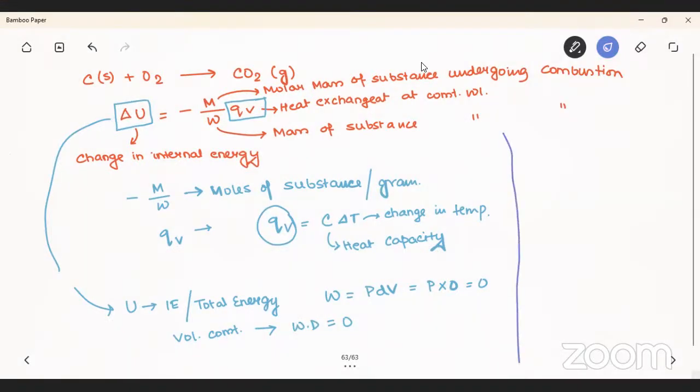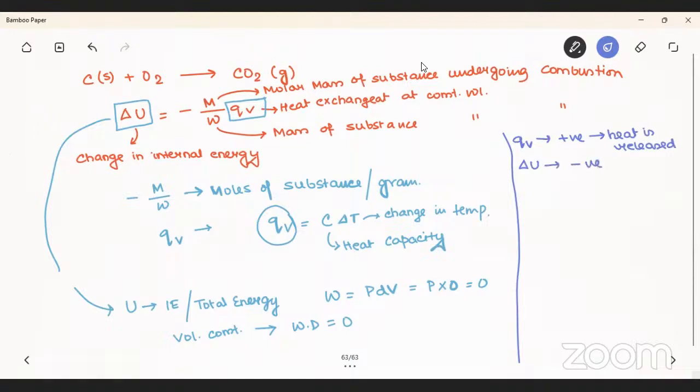I guess no. So if QV is positive here, what will happen? Positive means heat is released. So if QV is positive, then delta U will be negative.